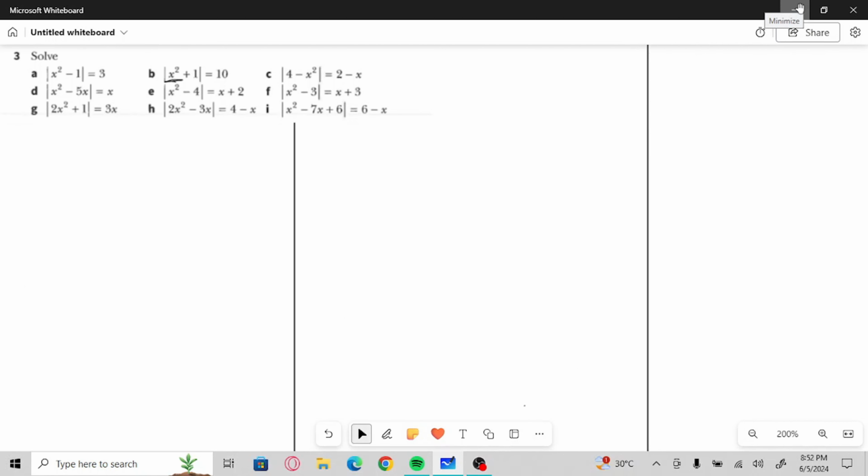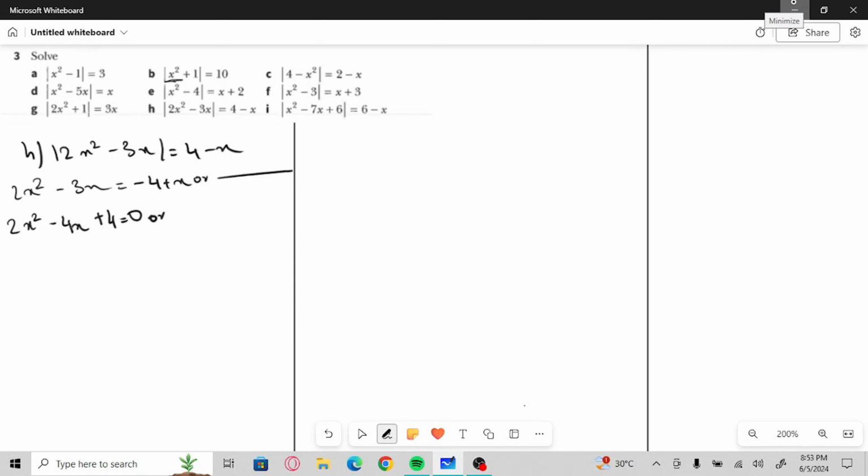For part H, we have modulus of 2x squared minus 3x equals 4 minus x. So we are going to simplify this. Again, two possibilities. 2x squared minus 3x equals -4 plus x, so first solve this one: 2x squared minus 4x plus 4 equals 0.